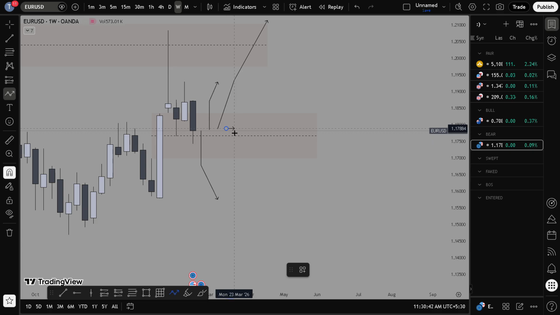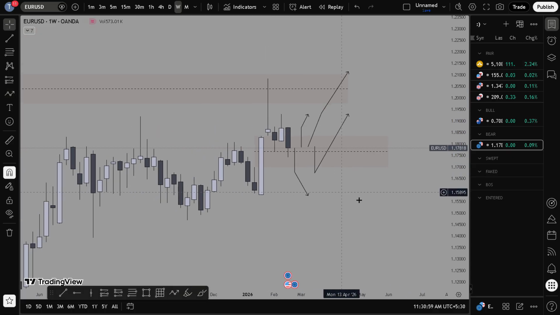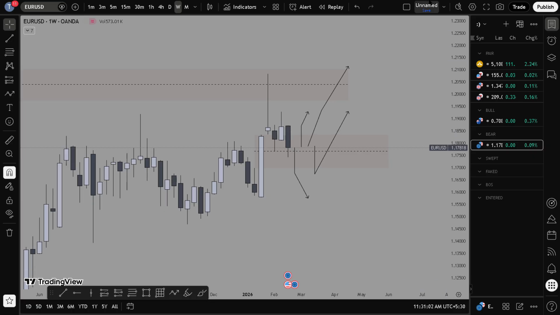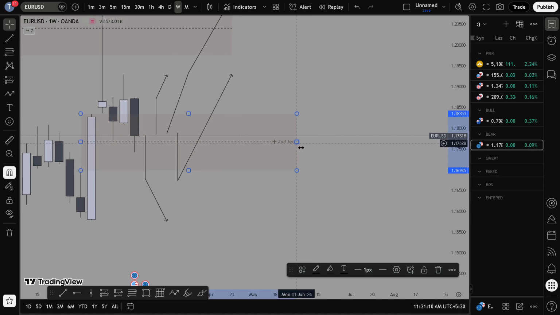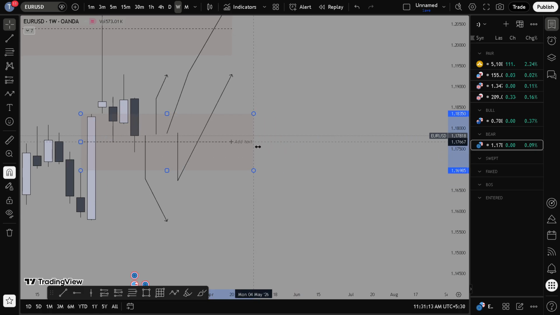We might fill this remaining gap, continue higher and sweep this. So there are many possibilities, bro. Nobody is 100% correct. Anything could happen, so that's why we have to be prepared. You don't just stick to one possibility. You react based on how price is behaving. Understand?